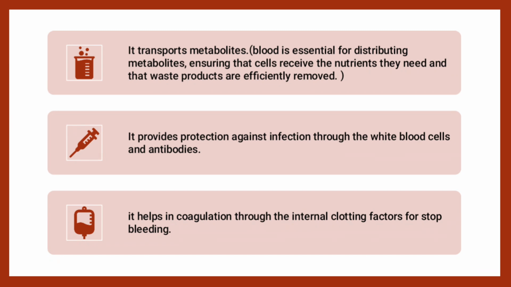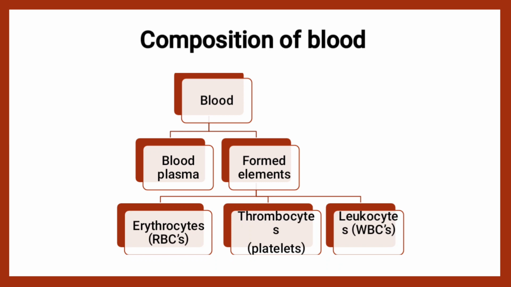It helps in coagulation through the internal clotting factors to stop bleeding. There are a total of 13 clotting factors. You are very well aware of that. So with the help of these clotting factors, the blood coagulation process can be done.